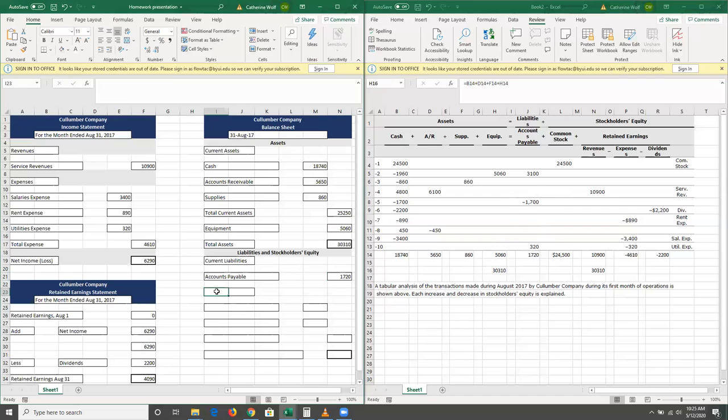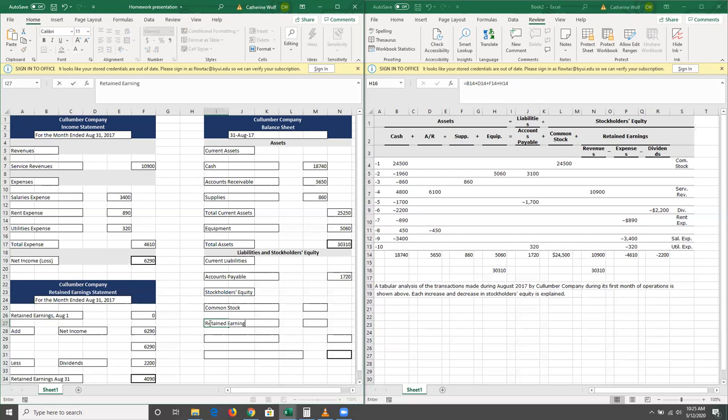All right, and then the next thing we're going to do is look at the stockholders' equity. Now, if you recall, stockholders' equity is two things. It's going to be our common stock as well as our retained earnings.